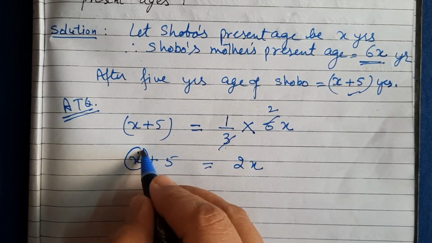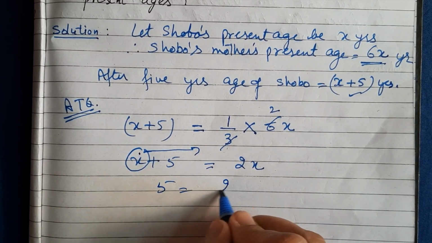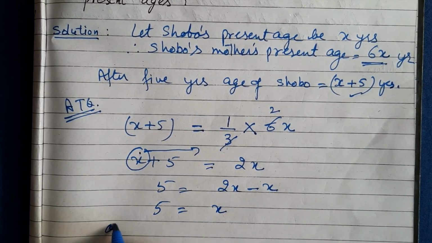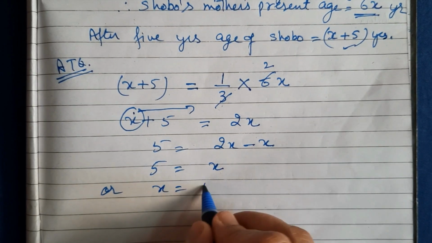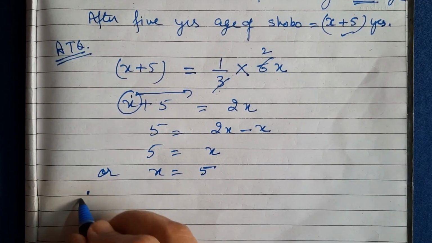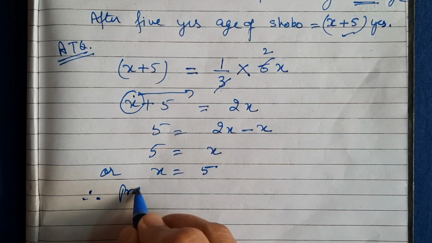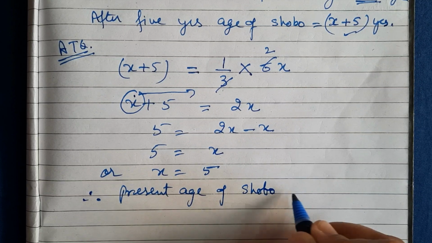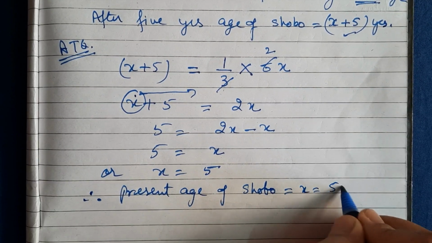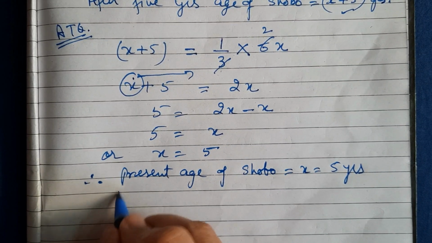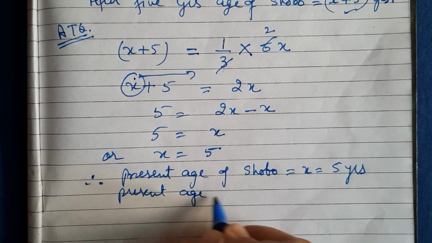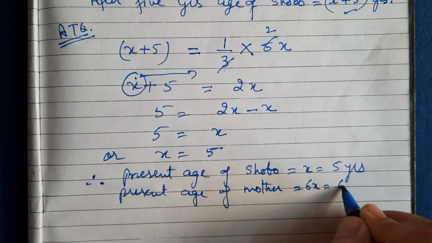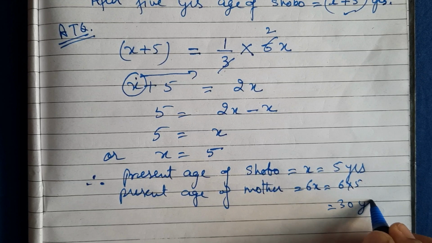So I am shifting this x to right hand side. 5 is equal to 2x minus x. 5 is equal to x, or x is equal to 5, which means therefore present age of Shobo is x, which is 5 years, and present age of mother, which is 6x, that is 6 into 5, 30 years.